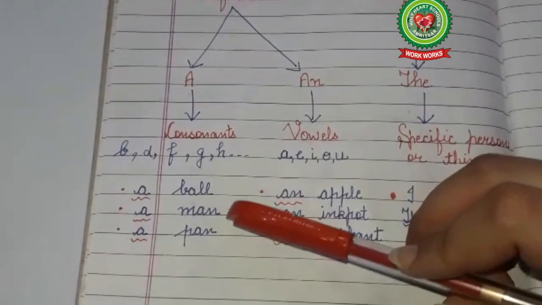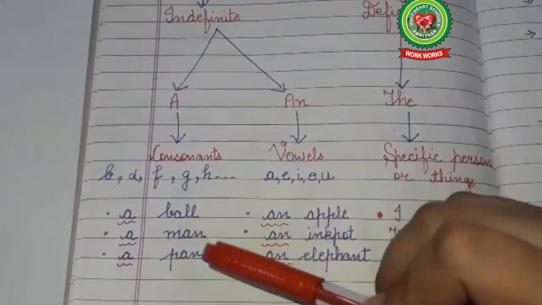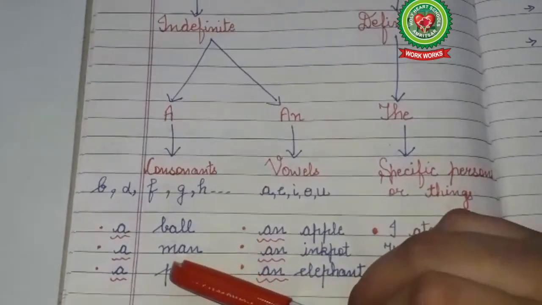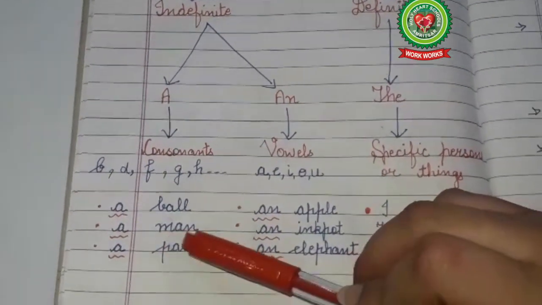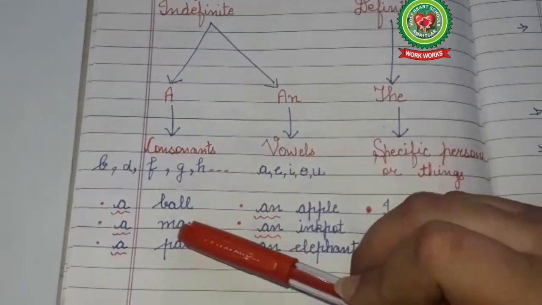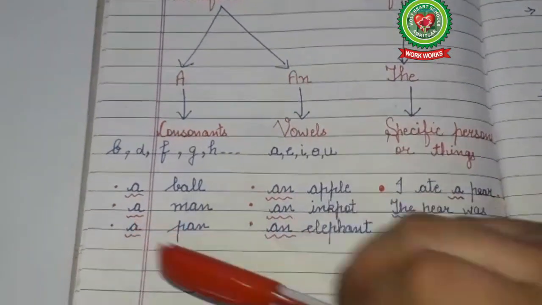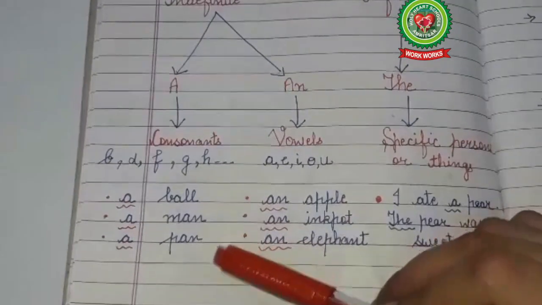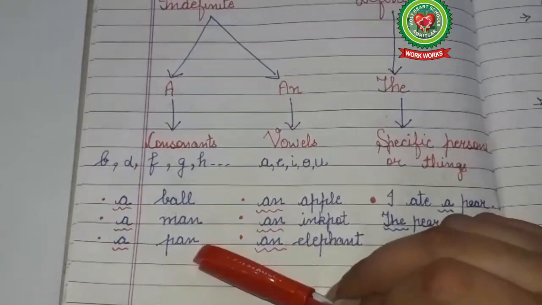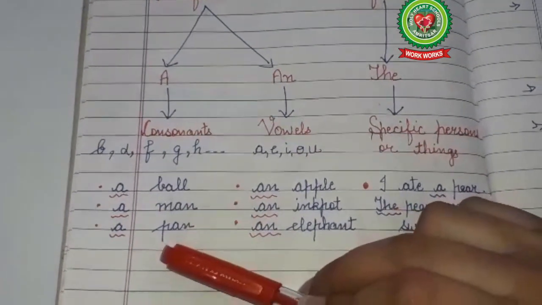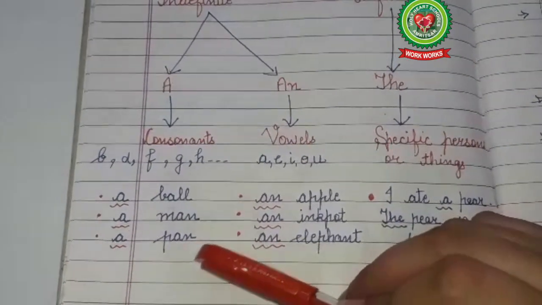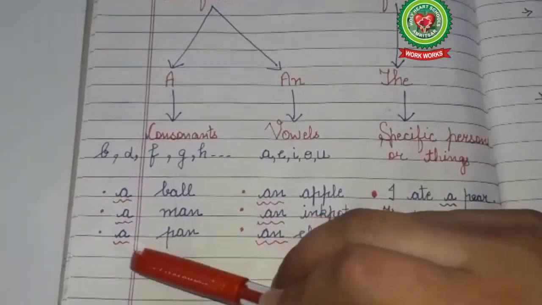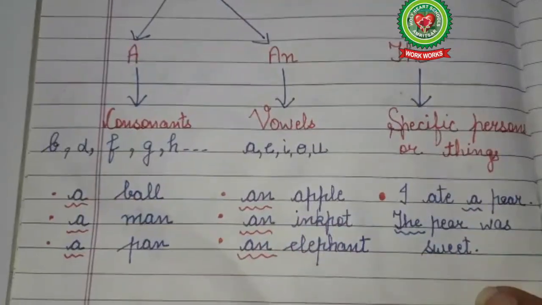Number 2, a man. Here the word man is starting with the consonant M. It is giving the consonant sound M. So here we have used the article a. Number 3, a pan. Here the word pan is starting with the consonant P. It is giving the sound of consonant P. So here we have used the article a.